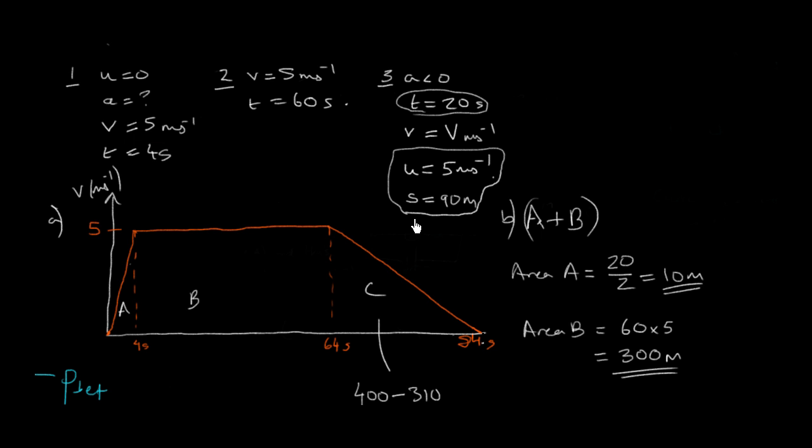I've just realized that the V, this big V, is the final velocity for this section here. So I don't know why I brought it down to 0, right? But it doesn't go down to 0 all the way, because the final velocity is what we're trying to find out.